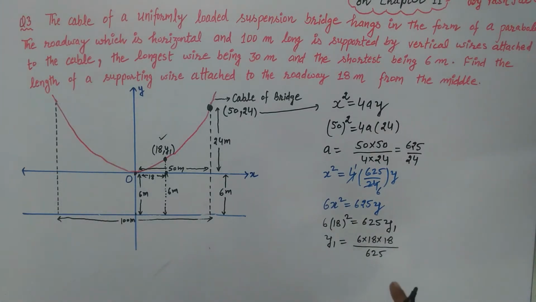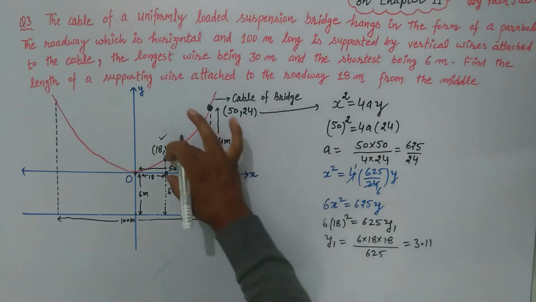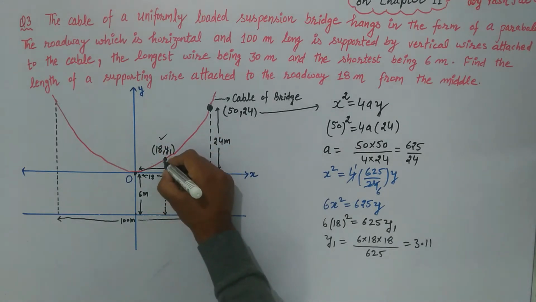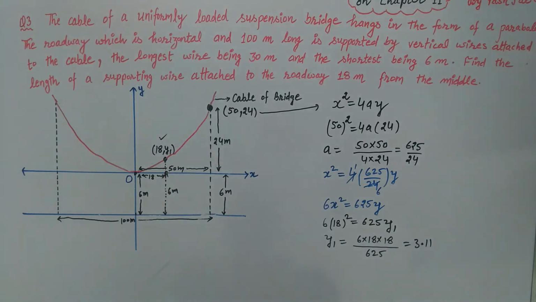I am solving this with the help of calculator. The value is 3.11. Okay, y1 means to say from this point to this point we have 3.11.